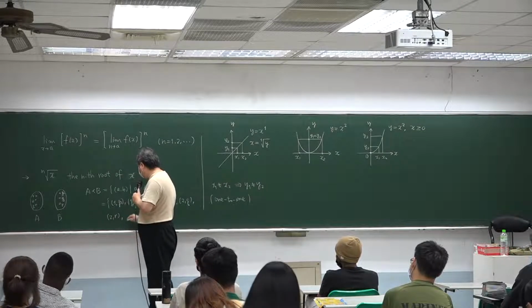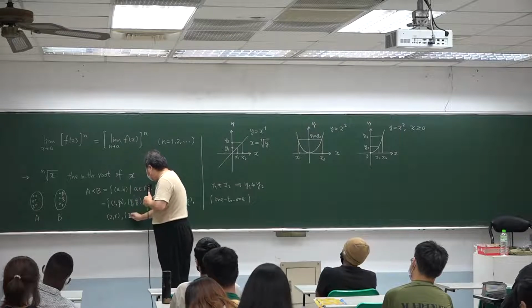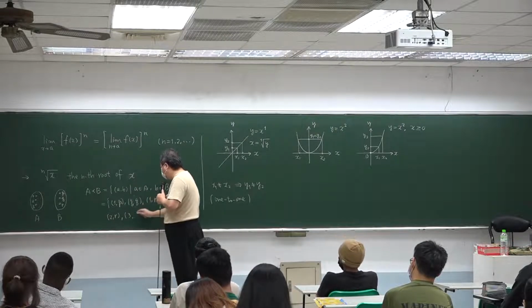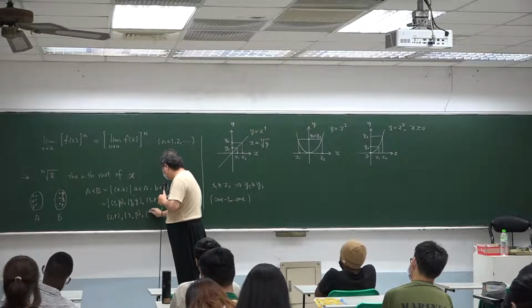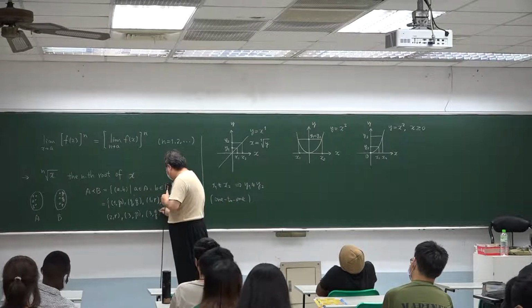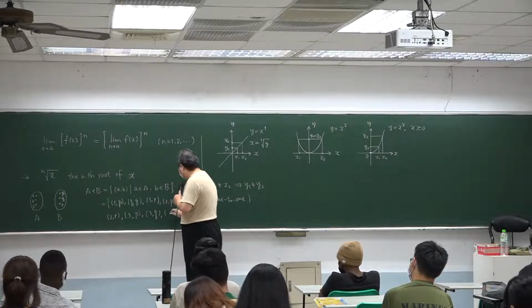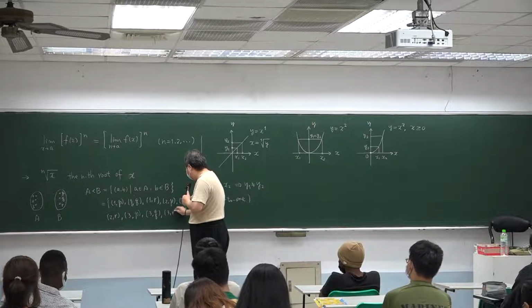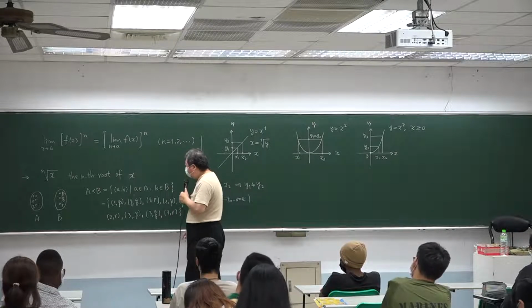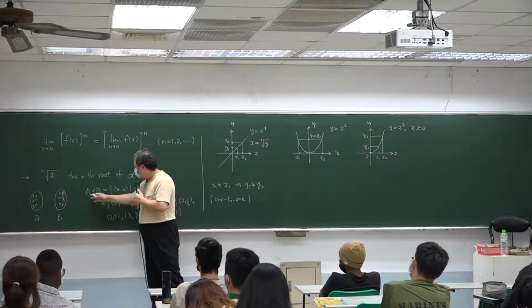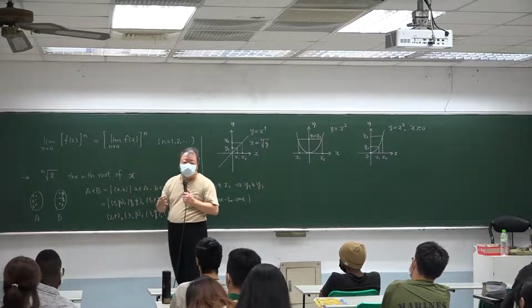If the first place is 3, the second place may be P, may be Q, may be R. This is the definition of the product of 2 given sets.